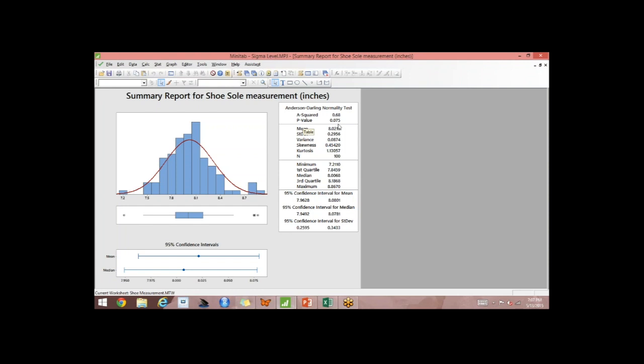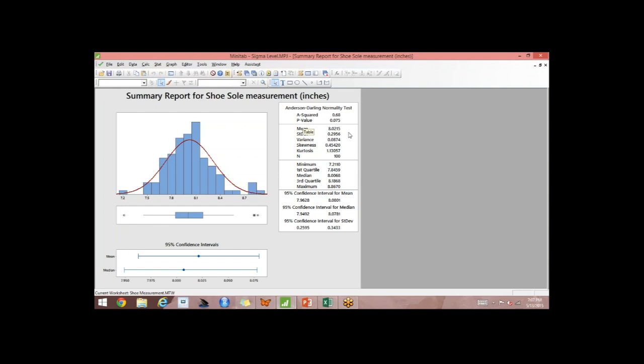Fine. We also have a mean and a standard deviation which is given. What is the mean here? Average 8.0215. That's my mean. What is my standard deviation? It is 0.2956.